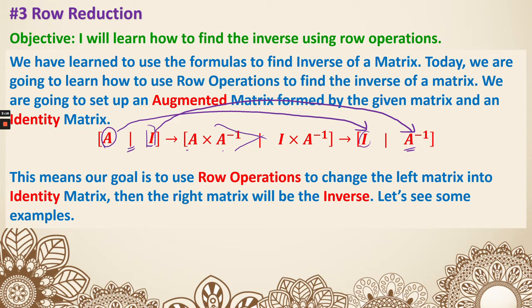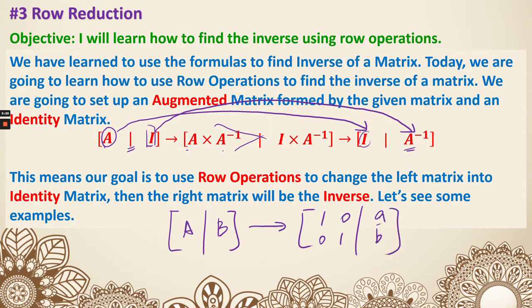This process is actually quite similar to what we learned yesterday, because our goal yesterday was to get from A and whatever the answer matrix may be, trying to get A into 1, 0, 0, 1. Then the numbers that we got would be our answer. So today, as you may notice, we are also changing that A into the identity matrix, and then the right side would be our answer. So let's have a look at an example.